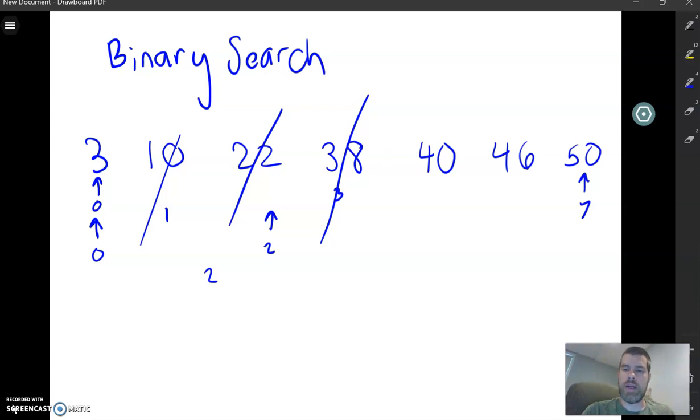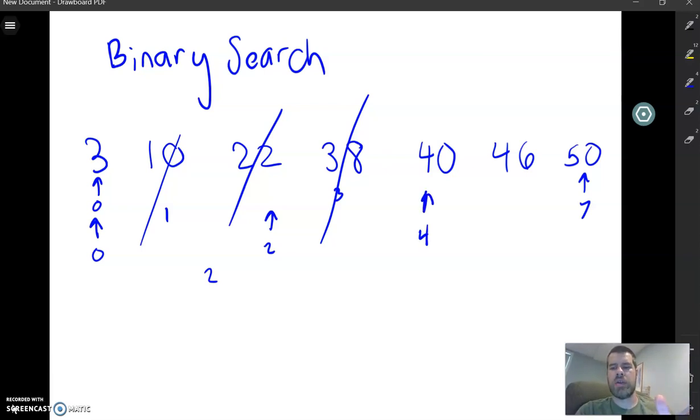So if you don't hit one of those two base cases, if there's still some area left to be searched, then you determine which half to search. So like, let's say we were looking for the number 48. We would have said, oh, 48 is bigger than 38, because I'm going back to the original value. And so then we would have narrowed our search down. Instead of 0 to 7, we would have narrowed it down to 4 to 7.